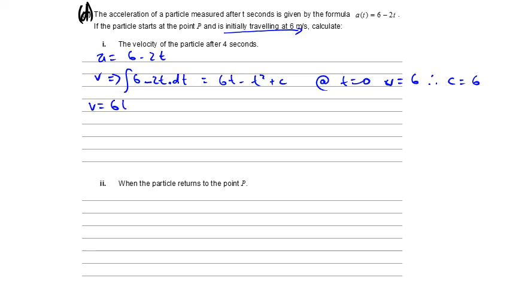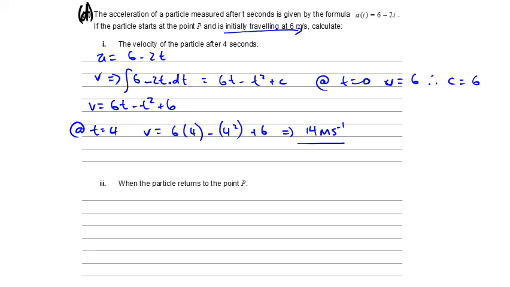So my velocity therefore is that equation just there. I think a lot of you probably overread that part. At t is 4, velocity, 6 lots of 4 minus 4 squared plus 6. 24 minus 16 plus 6 gives you an answer of 14 meters per second.